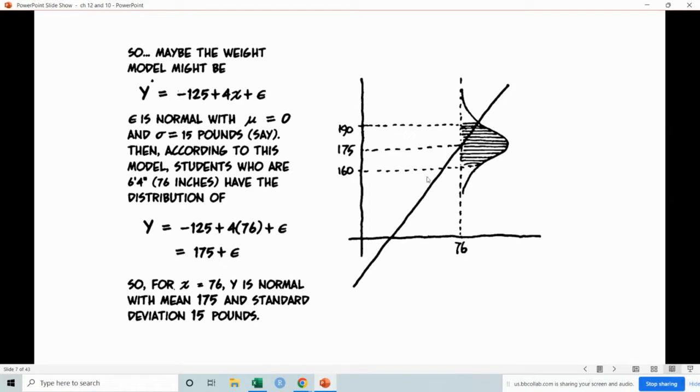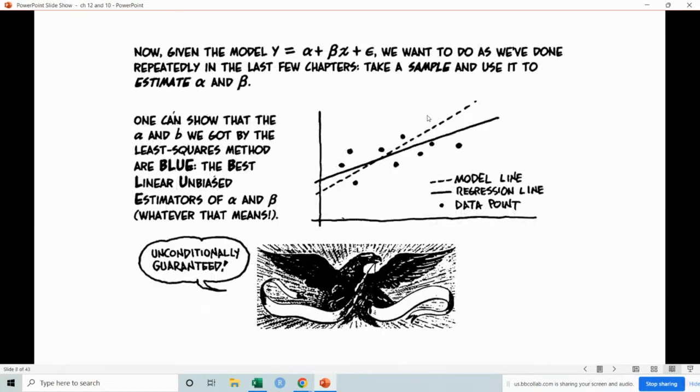So somebody that is 6'4", roughly within 2 standard deviations, should be between 160 and 190 pounds. Now given the model y equals alpha plus beta x plus the error term, we want to do, as we've done repeatedly in the last few chapters, take a sample and use it to estimate alpha and beta.